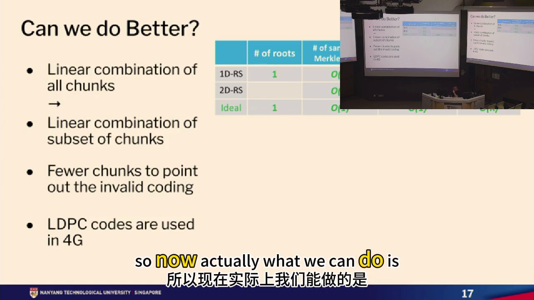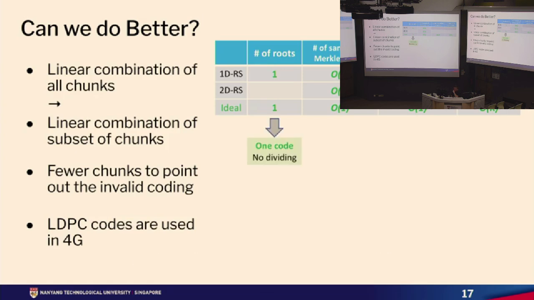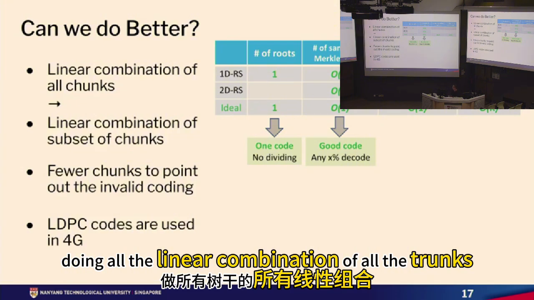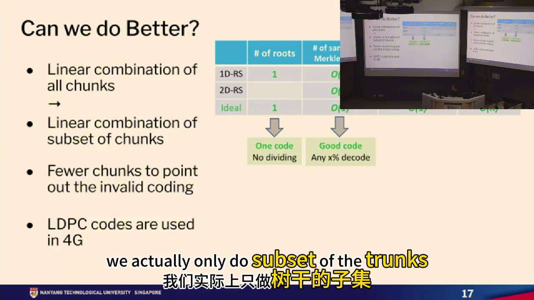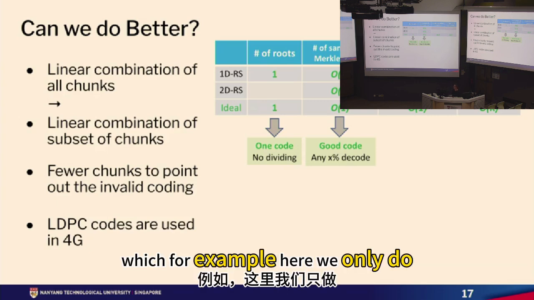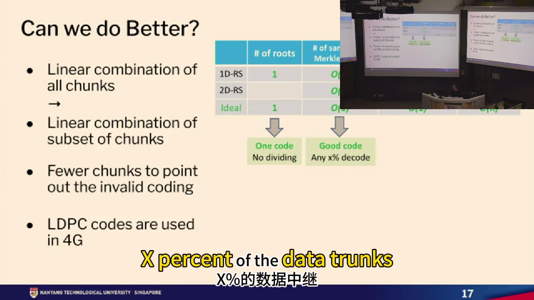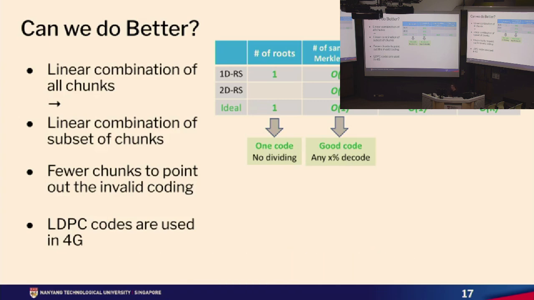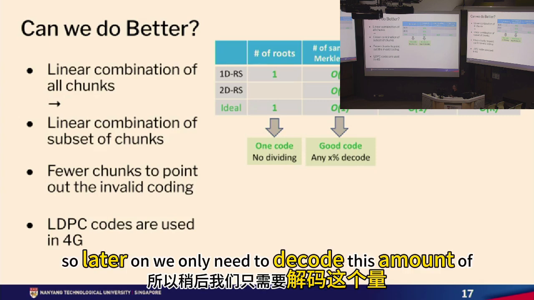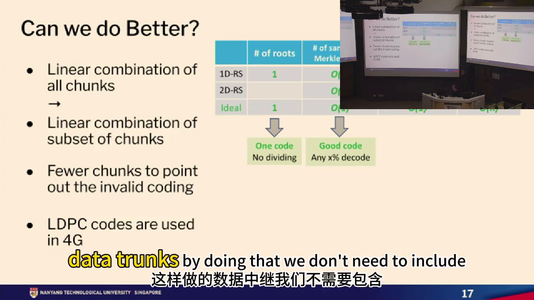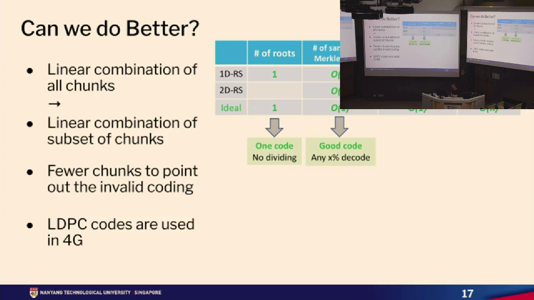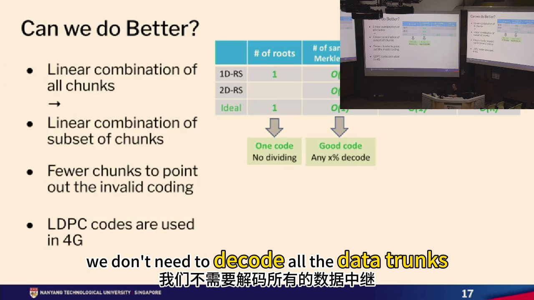Now what we can do is, rather than doing linear combinations of all the chunks, we only do a subset of the chunks, for example here we only do X% of the data chunks. So later on, we only need to decode this amount of data chunks. By doing that, we don't need to encode and decode all the data chunks.